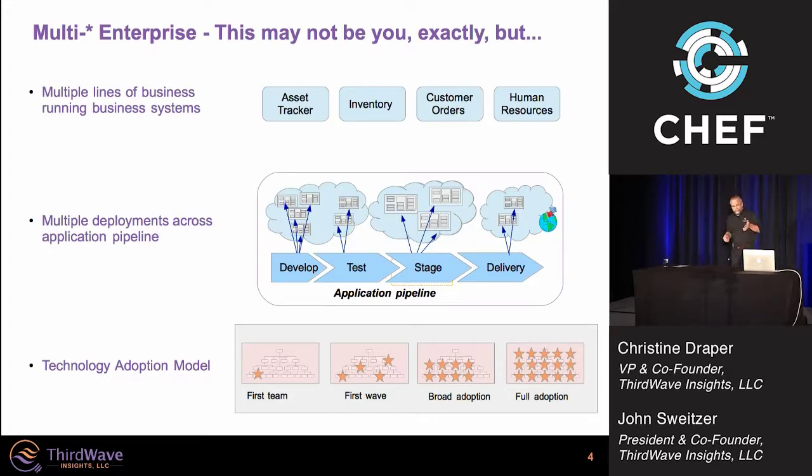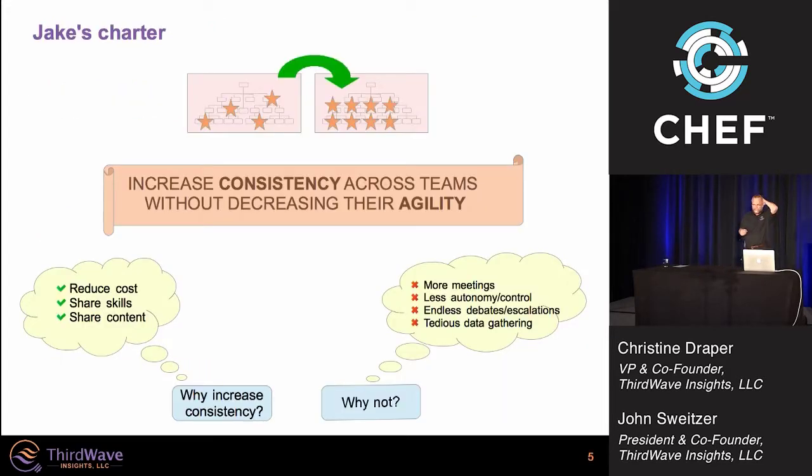So where Fred and Jake are really dealing with things is in that transition from our first wave, you got a couple of different teams using Chef, but you really now want to drive more adoption across the organization, meaning you're getting ready to create lots and lots of more meals.